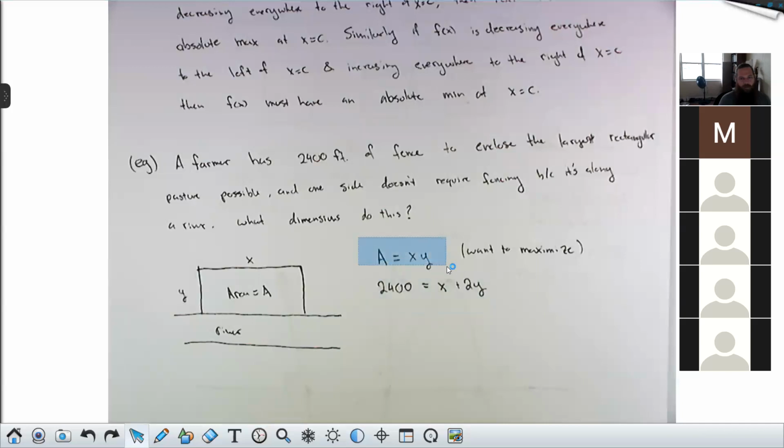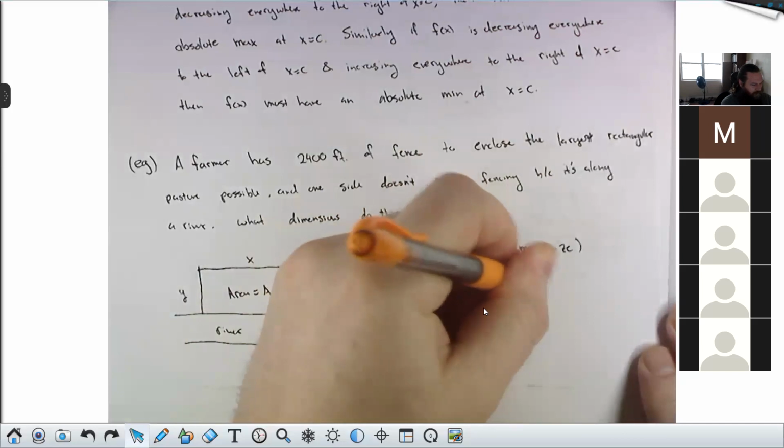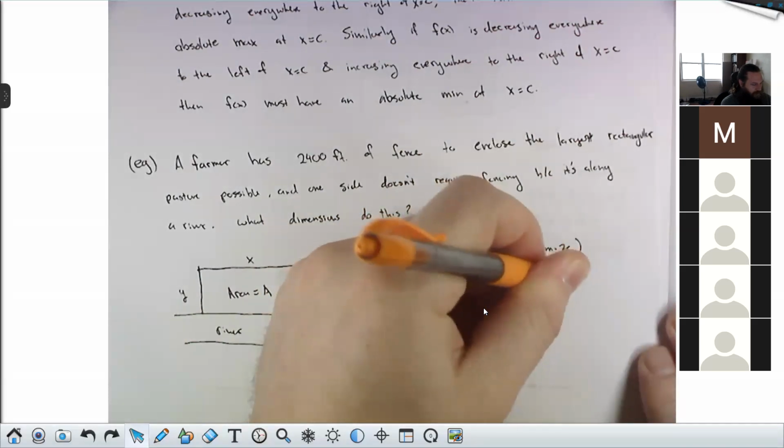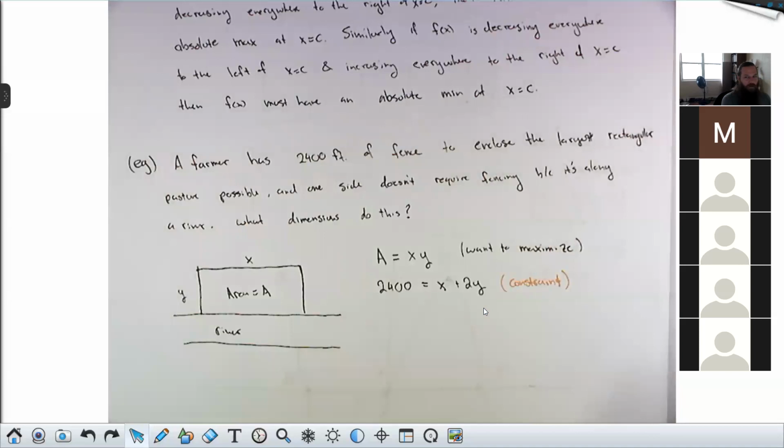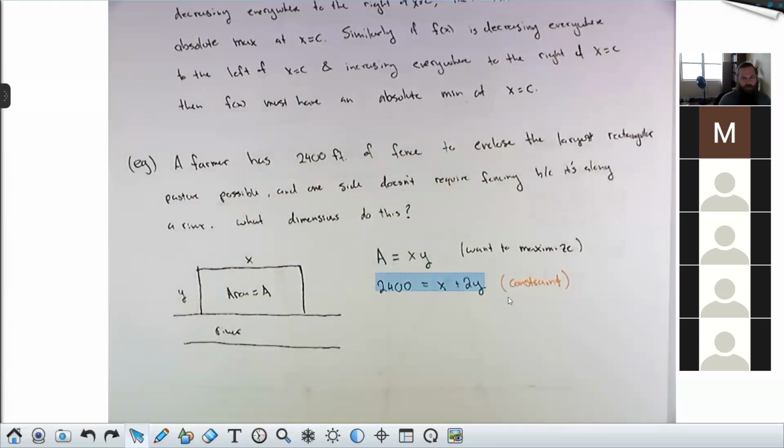So this is the objective that your book calls Q. It's the quantity that you want to minimize or maximize. This is called the constraint. So I want to maximize this function subject to this constraint.